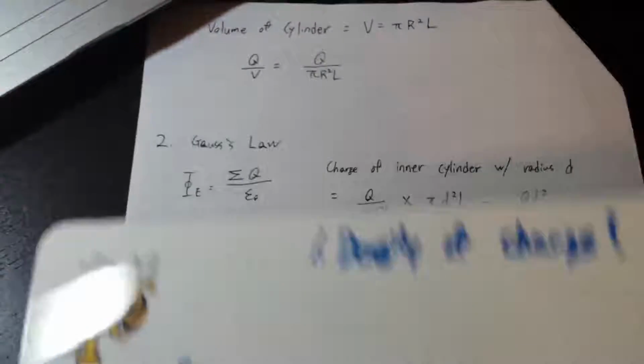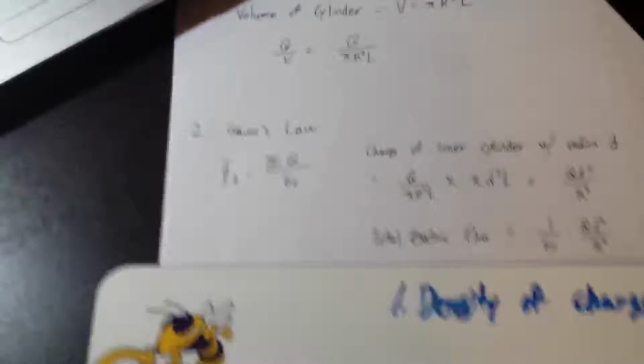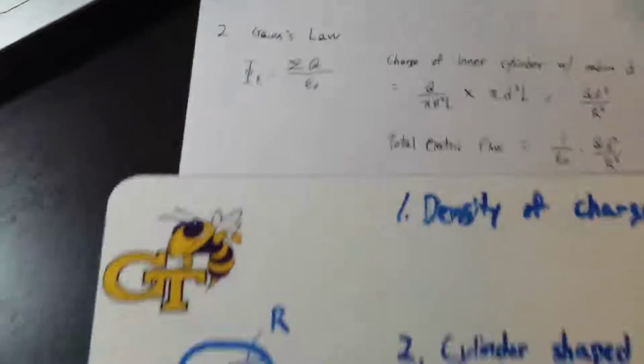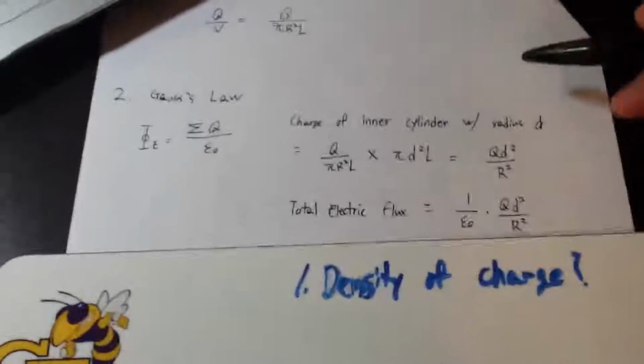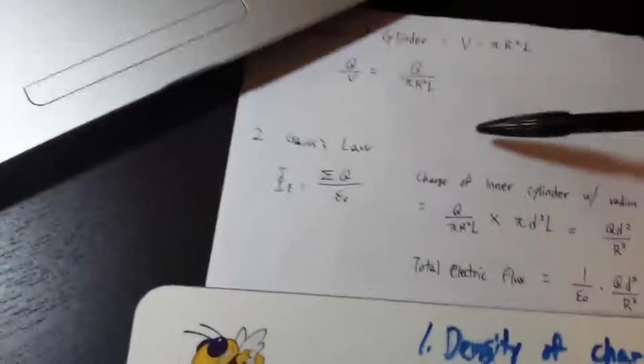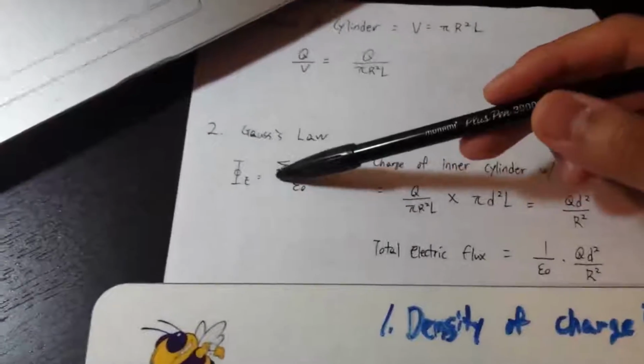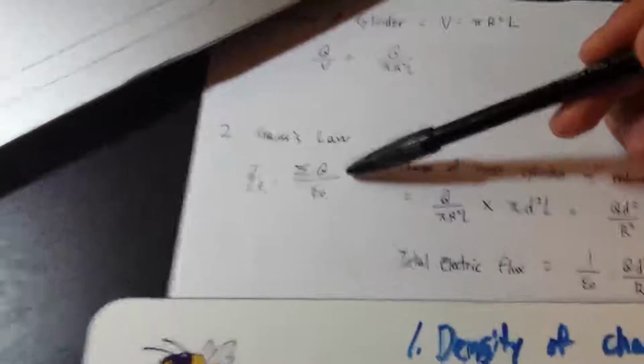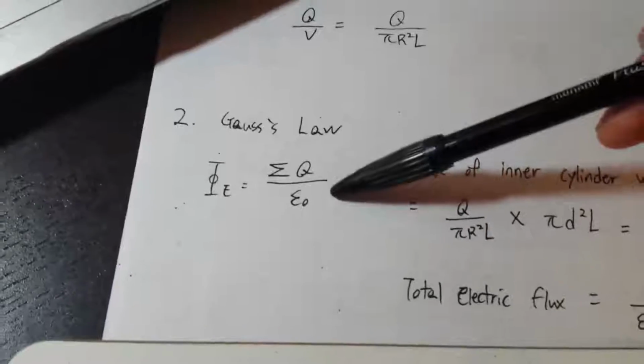To solve the second part of this question, we have to use Gauss's law, which says the electric flux is equal to the total charge divided by epsilon naught.